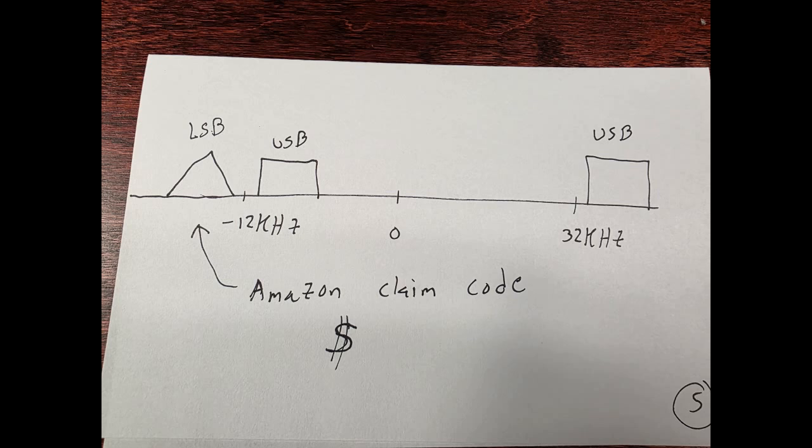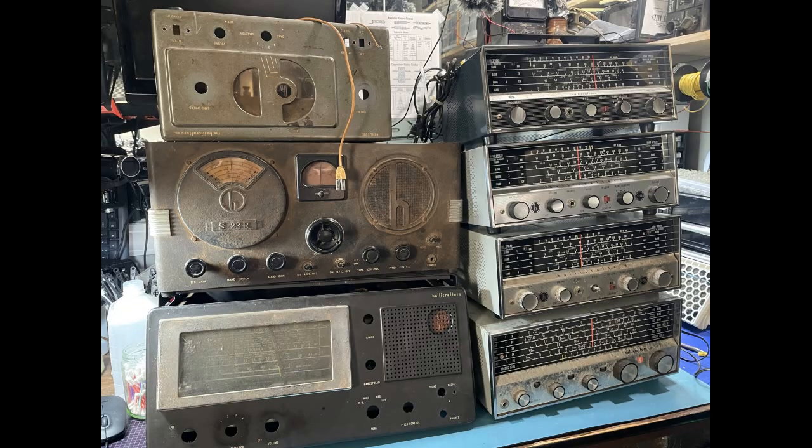After that multiply in the flow graph with the frequency tune, simply insert a complex conjugate block, and that will flip that lower sideband signal to an upper sideband signal, and like magic you'll be able to decode what's in that Amazon claim code, so you can go buy some goodies on Amazon.